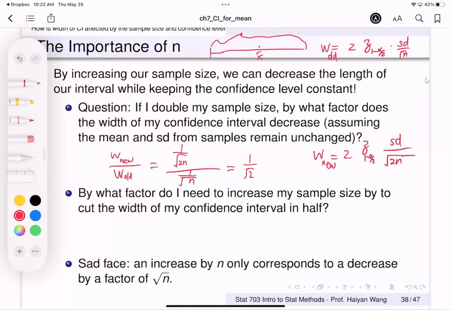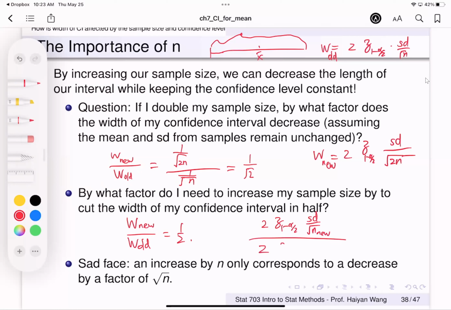Now, if I want to shrink my confidence interval width by half, how should I change my sample size? In this case, you really want the new interval's width to be half of the old width. So for the new interval, we will have again the 2, the z, and the SD over the square root of n new, this is the new interval's width.